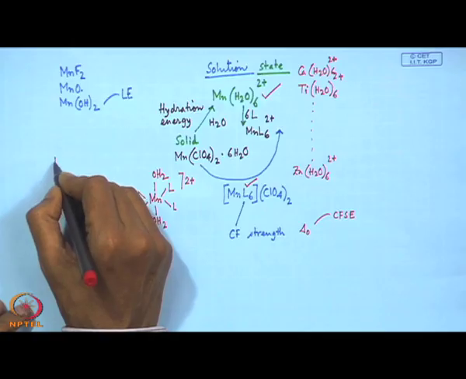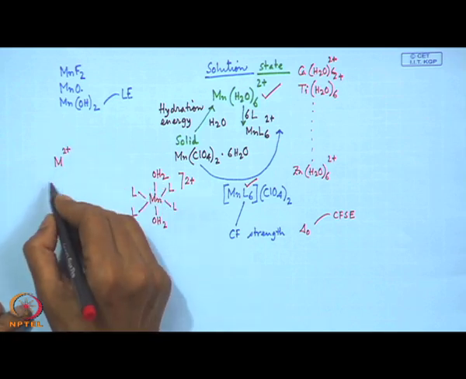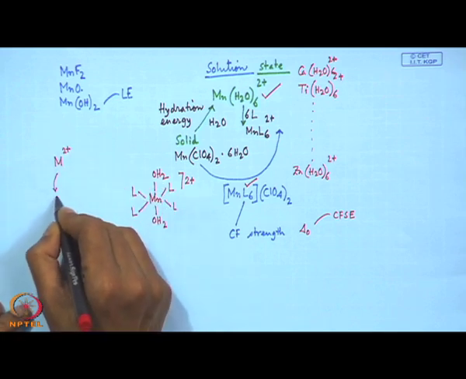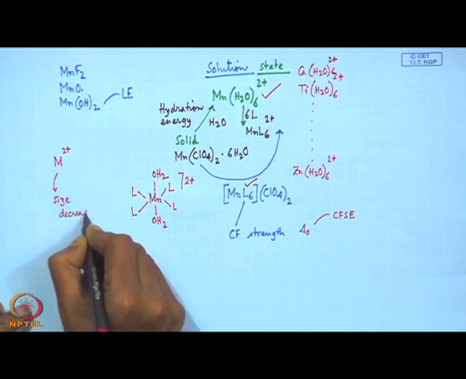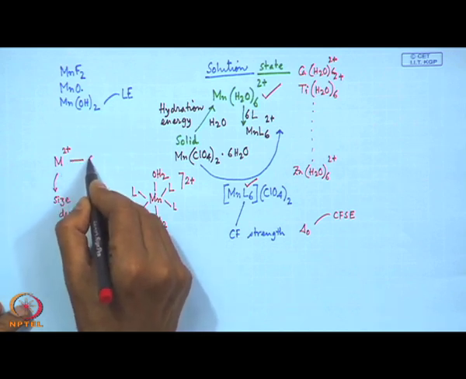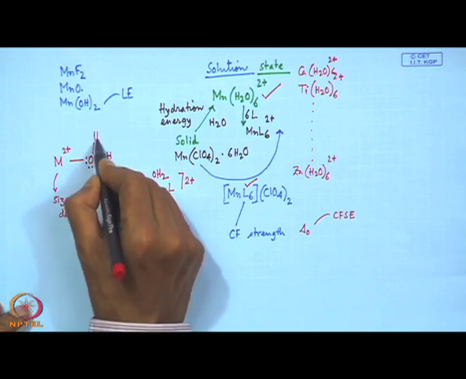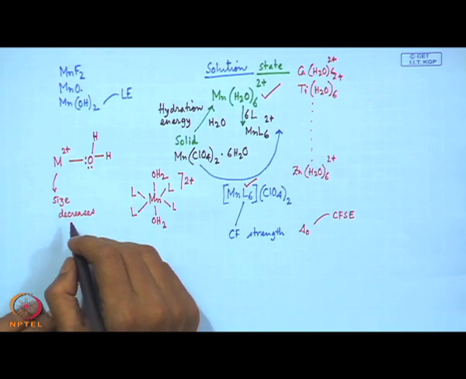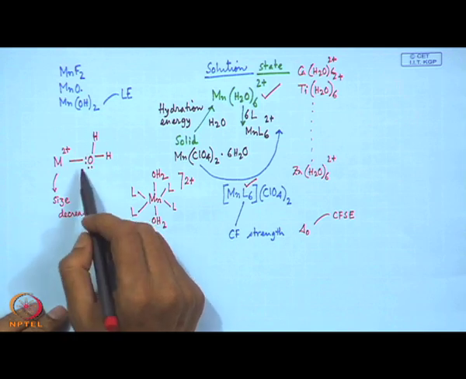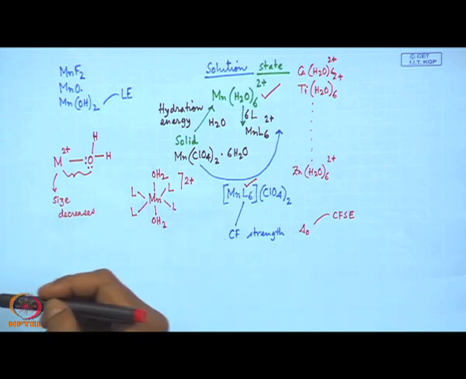So, as we move along M2+, as the size decreases, the interaction with the lone pair of electrons on the water is basically increasing.